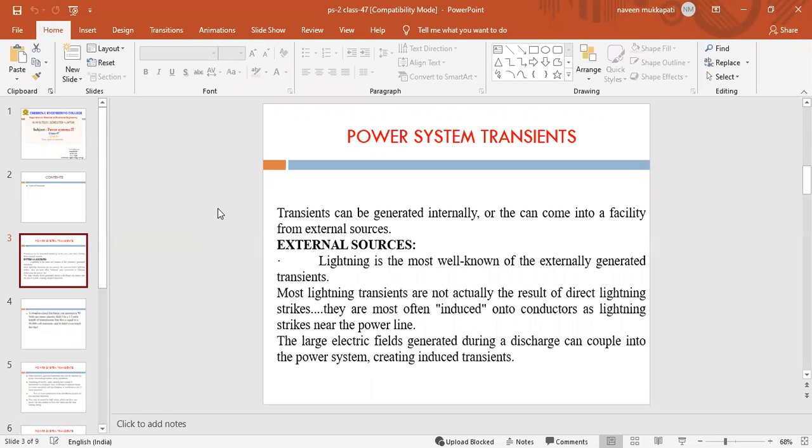Next, coming to the causes of system transients. What are the causes when transients are obtained in power systems?